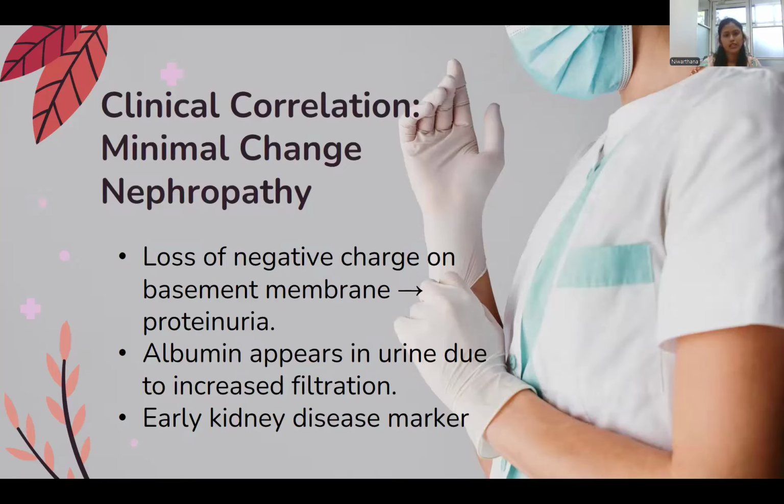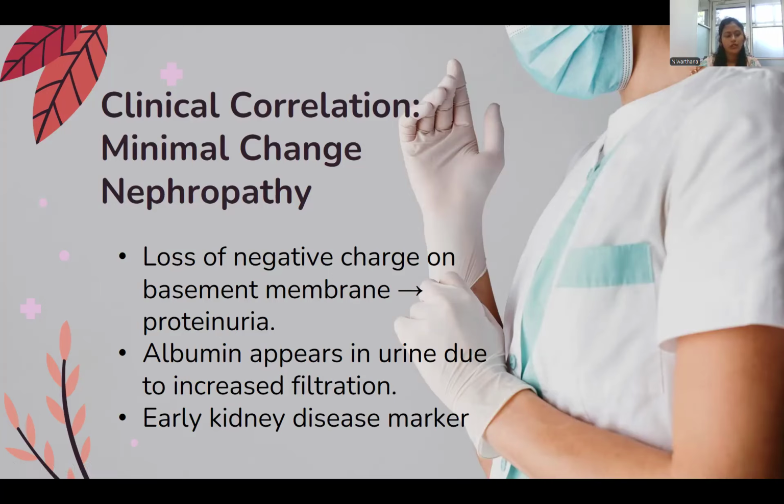So what is the clinical correlation of this? As we talked about previously, there is negative charge on the basement membrane, and it helps to repel the proteins. In clinical conditions, when there is loss of negative charge on the basement membrane, it can cause defects in the filtration.